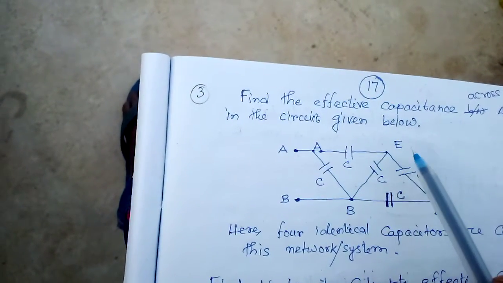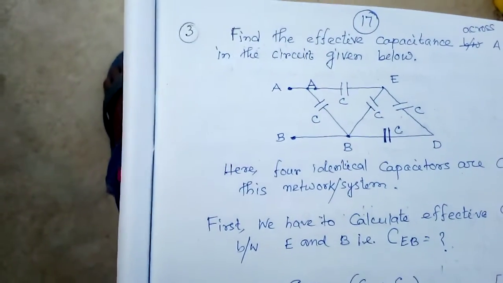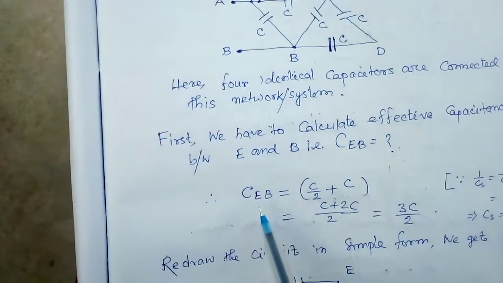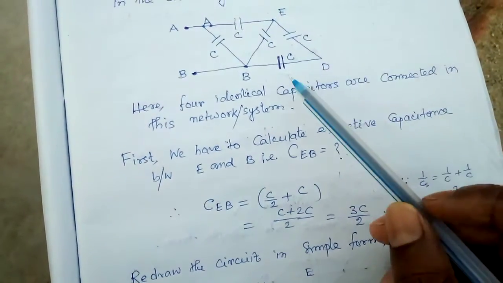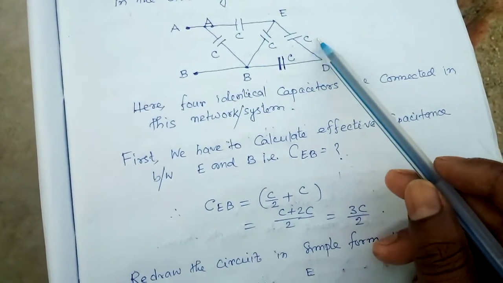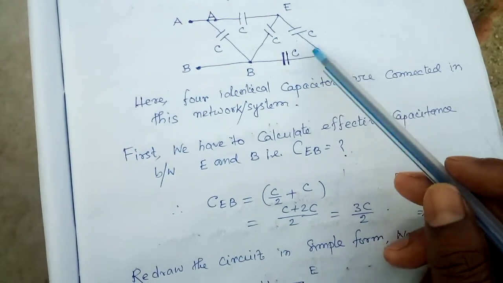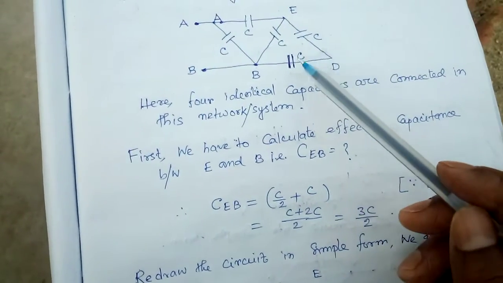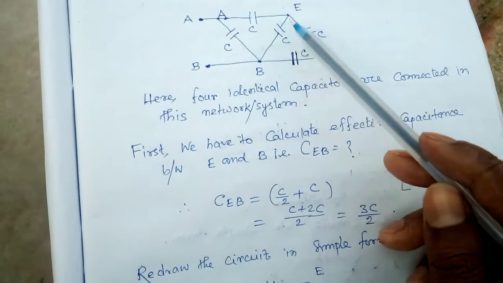Therefore, the effective capacitance between E and B will be C_EB equals C by 2 plus C, because these two capacitors are connected in series, and this gives the effective capacitance C by 2, and this C by 2 effective capacitance is connected to this capacitor in parallel combination.